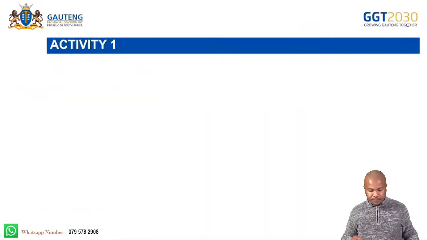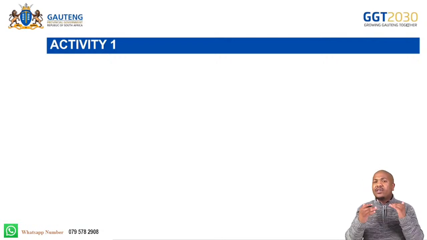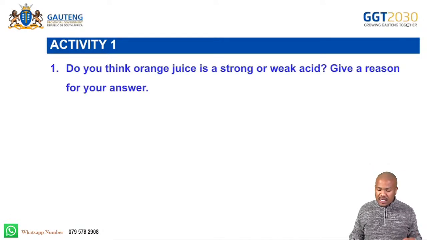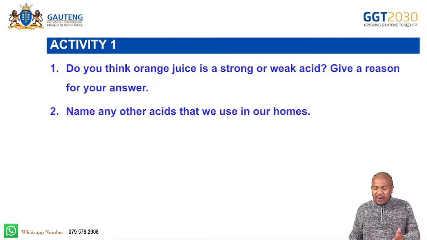Now, let's quickly look at activity 1 and test ourselves before we carry on with this lesson. The first question says, do you think orange juice is a weak or strong acid? Give a reason for your answer. Number 2, name any other acids that we use in our homes.